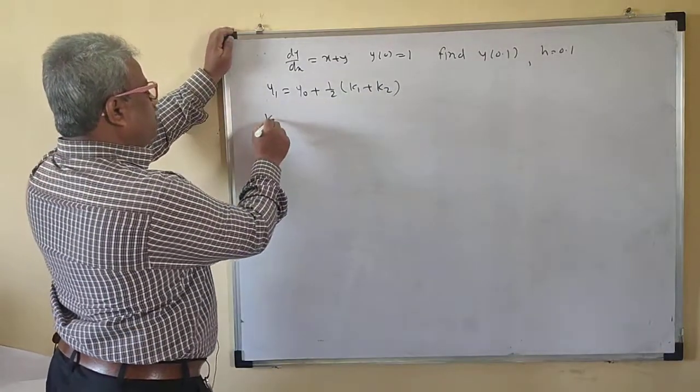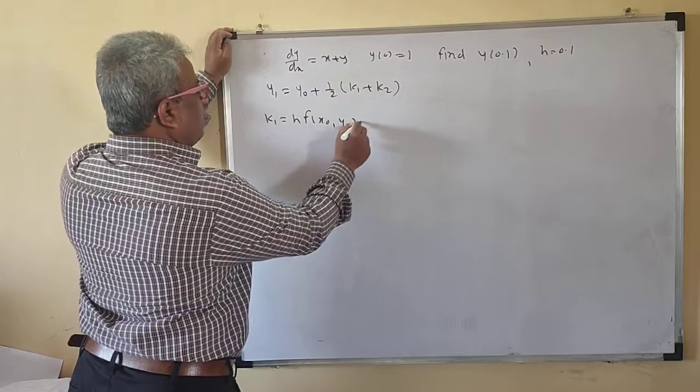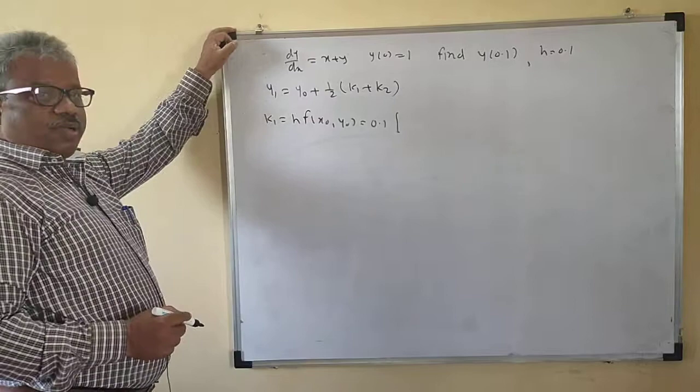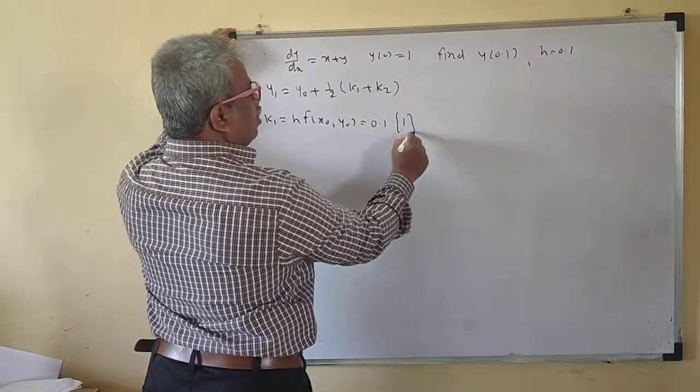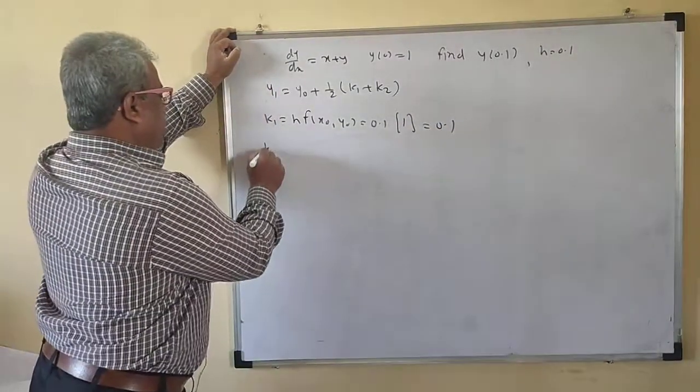First we'll find k1. K1 is h f of x0, y0. H is 0.1, and f of x0, y0 means x0 plus y0. Your x0 is 0, and y0 is 1, so this is 0.1. So k1 is 0.1. Now we'll find k2.